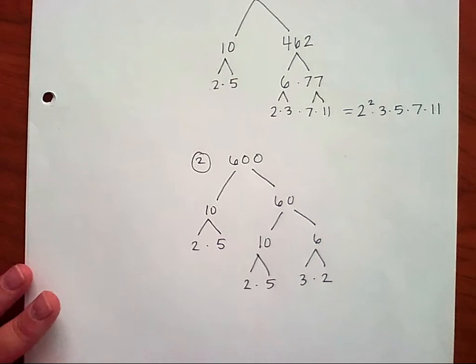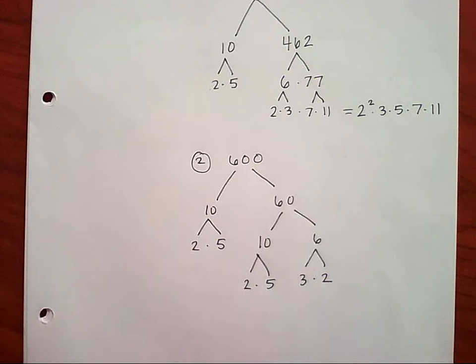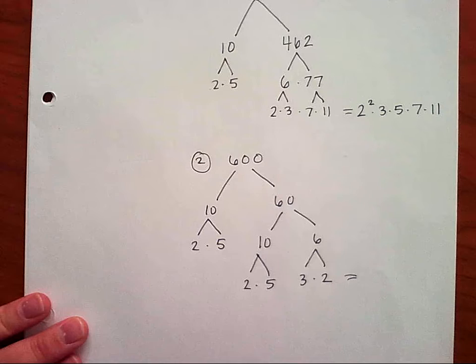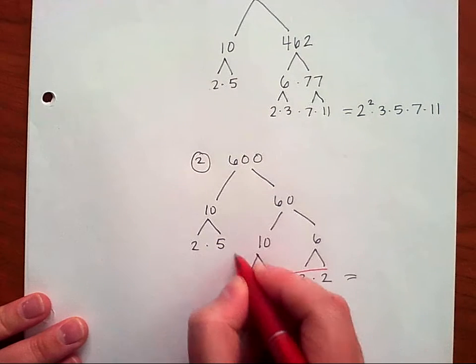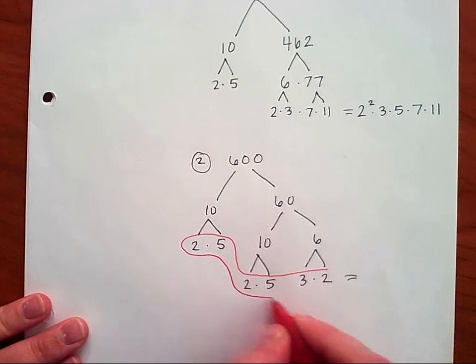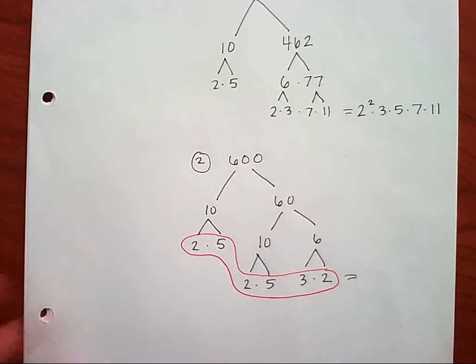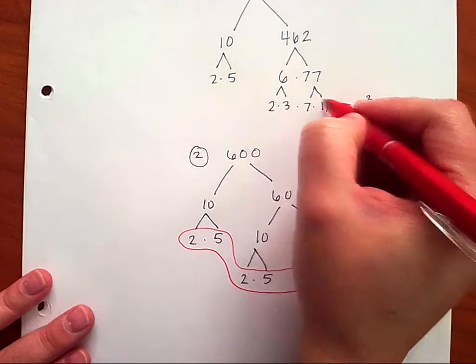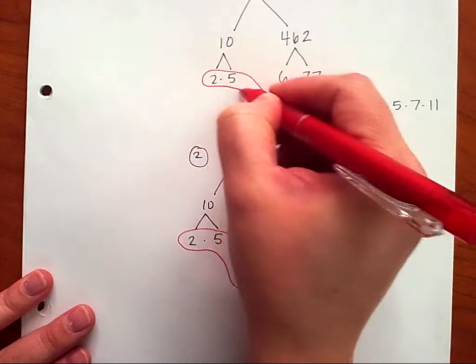Okay, so I factored it. 600 probably don't need a calculator for, right? Okay, so then these are my factors. Whatever's at the bottom of the tree, those are the factors.